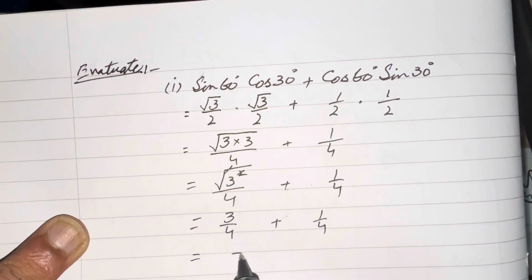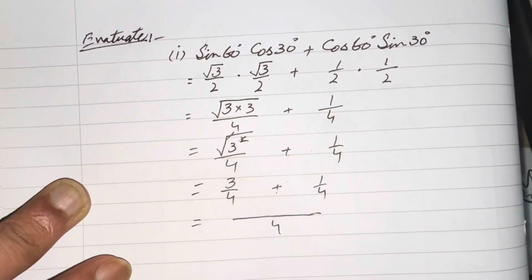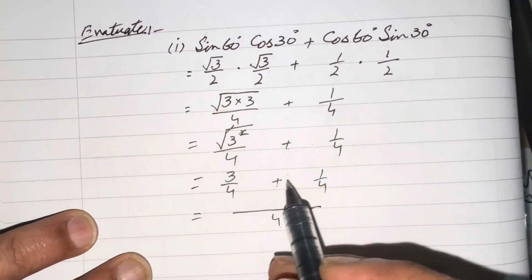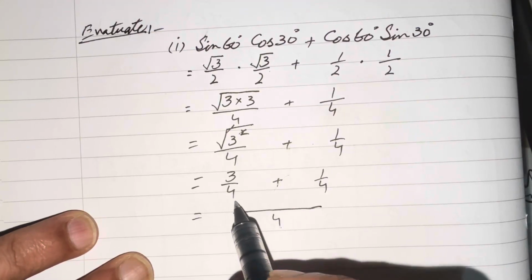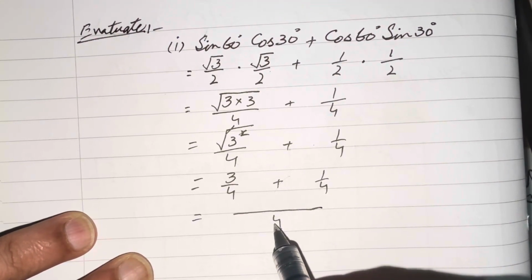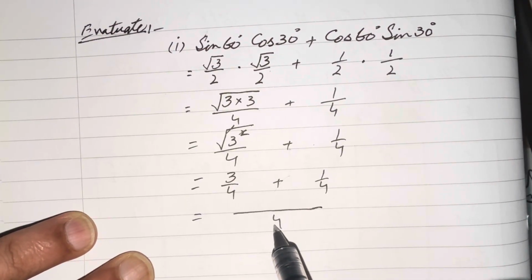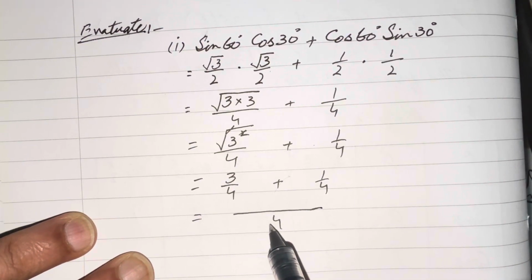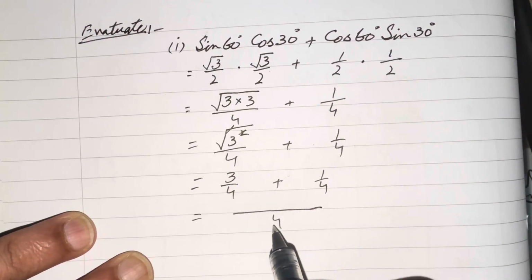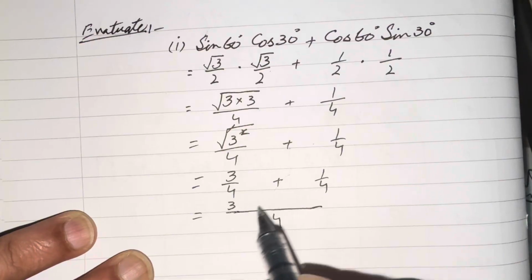So now take the LCM. 4 is the LCM. After simplification, you know how we simplify. When you take the LCM 4, this denominator will divide this LCM and then multiply with 3. So 4 ones are 4 and 1 three is 3.